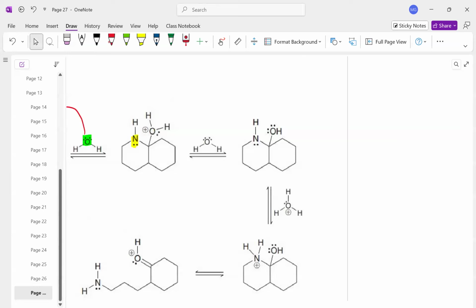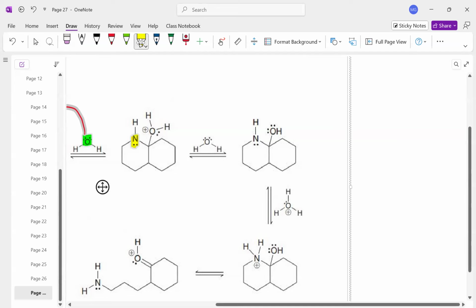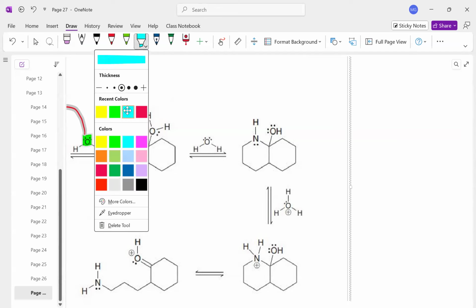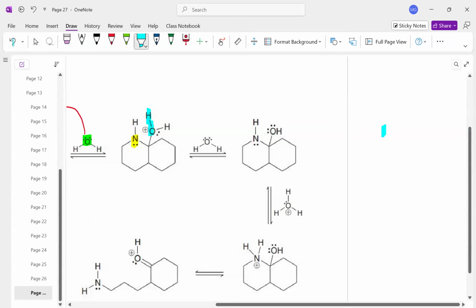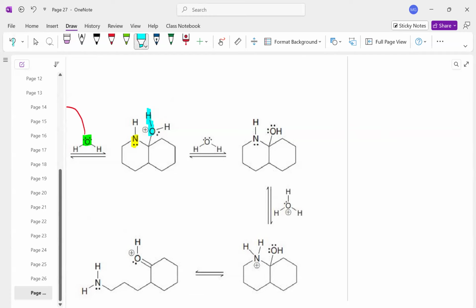Okay, so probably the only thing is I've got an oxygen with two hydrogens on it, and now that hydrogen is transferred elsewhere. This is just a proton transfer. I'm going to use the lone pair on this water to pull off a hydrogen and move these electrons back.